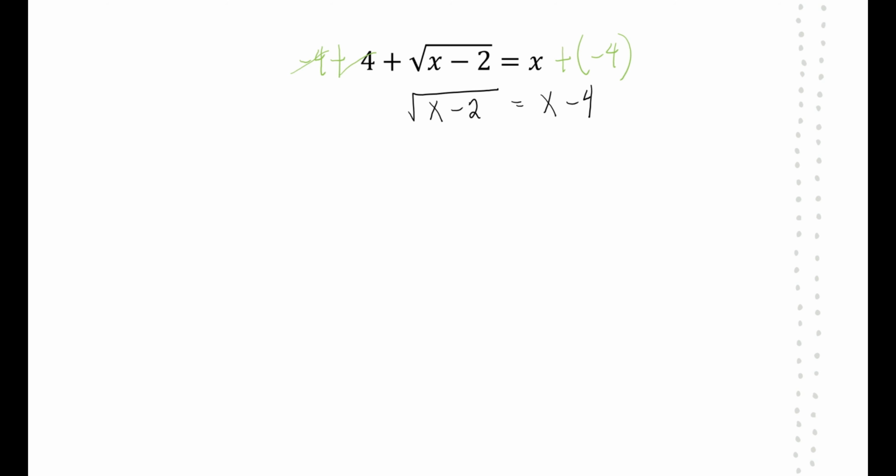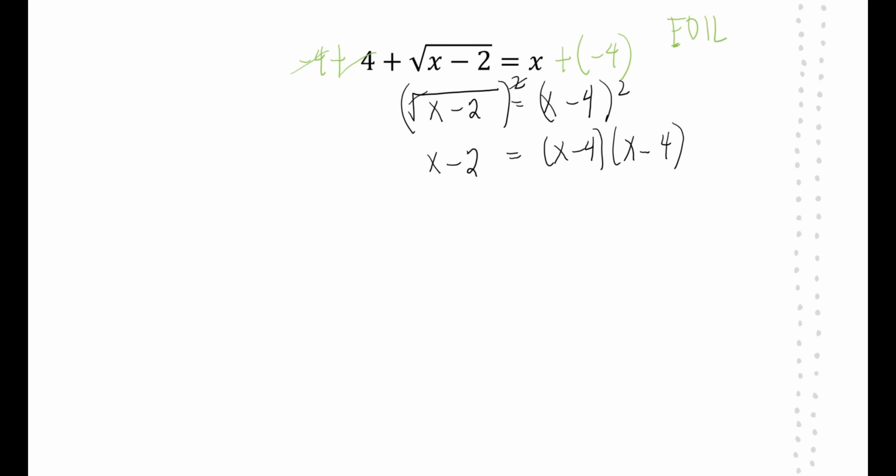And then now we may proceed to raising both sides of the equation by 2 to eliminate the radical sign. So the left side would only be equal to x minus 2, and the right side would be equal to x minus 4 times x minus 4, since it is also equal to x minus 4 squared. And then again, use the FOIL method.